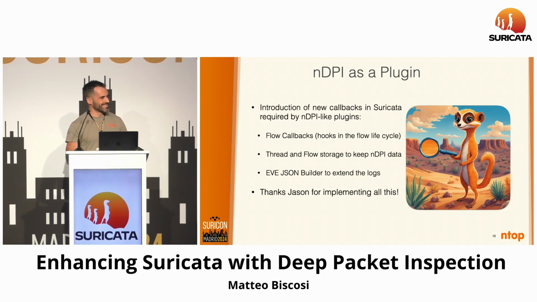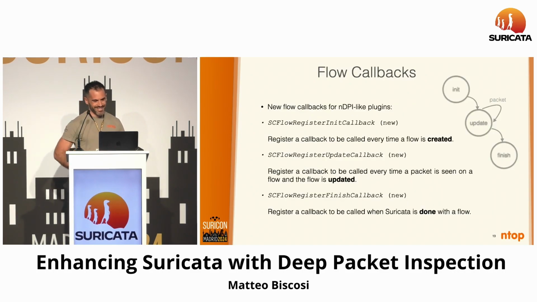This was most of the work. The nDPI plugin is really short. Here we have the main 3 callbacks that have been introduced to support this work: in order to call the nDPI engine at the flow initialization to allocate the nDPI data structure; then another call every time a packet is received in order to actually run the deep packet inspection engine on the packet payload; and one more call when the flow terminates, to free the data structure.